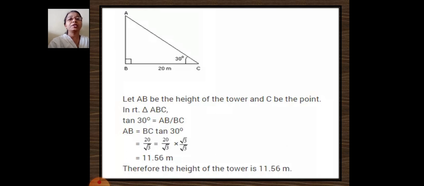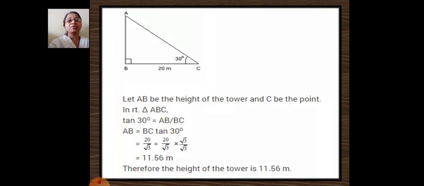On cross multiplication you will get AB is equal to BC into tan 30. Substitute the value. BC is 20 and tan of 30 degree is 1 by root 3. So you will get 20 upon root 3. The denominator is an irrational number, so we need to rationalize it. So for that you multiply and divide by root 3.